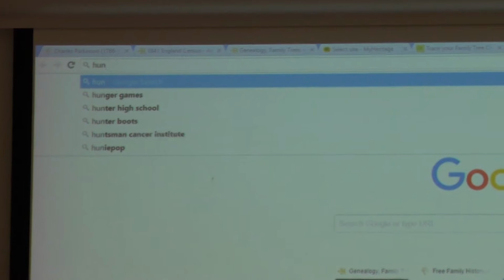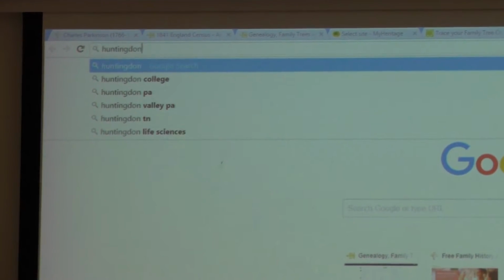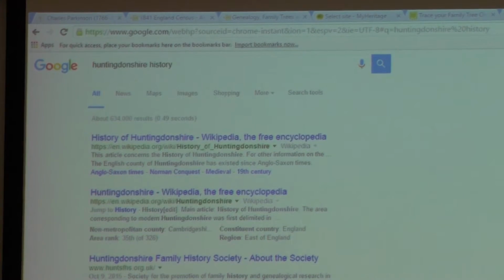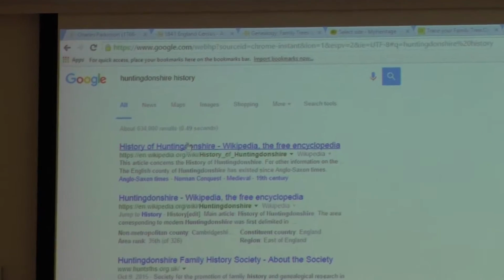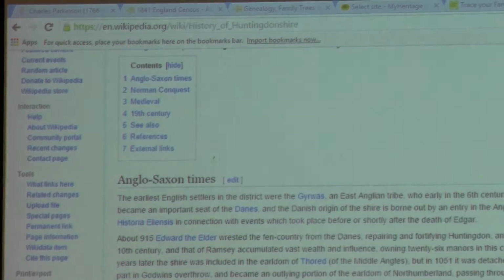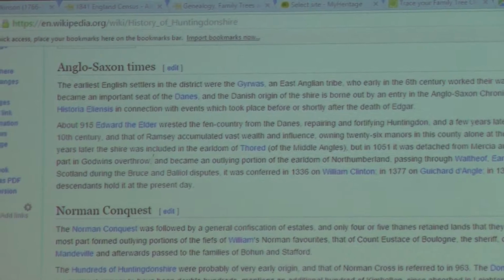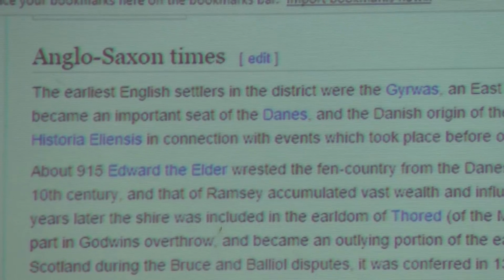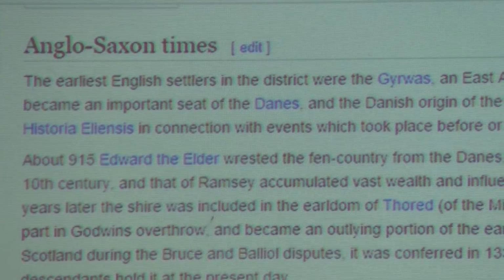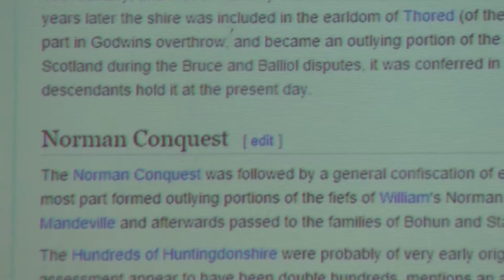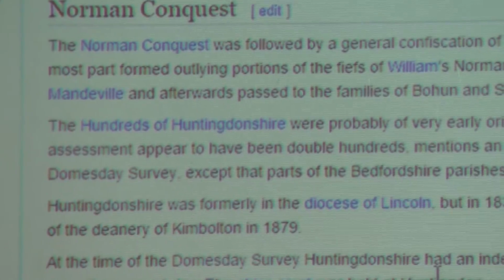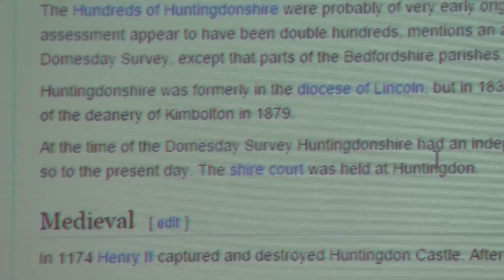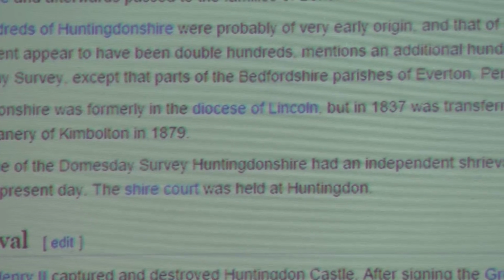I just have to put in Huntingdonshire history, and history of Huntingdonshire right there in Wikipedia. And then when I get down here a ways, it says that they go back and forth, that Huntingdonshire and Cambridgeshire were at one time considered to be unified with one sheriff.